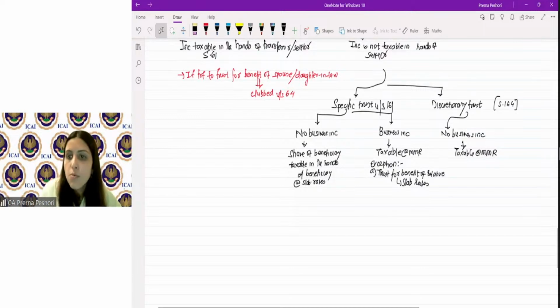Again, here the exception lies where none of the beneficiaries have income greater than the basic exemption limit, and it is a trust which is declared under a will, or it is a trust which is created for the employees. Then in that case, it shall be taxed like the AOP. So you can write over here.